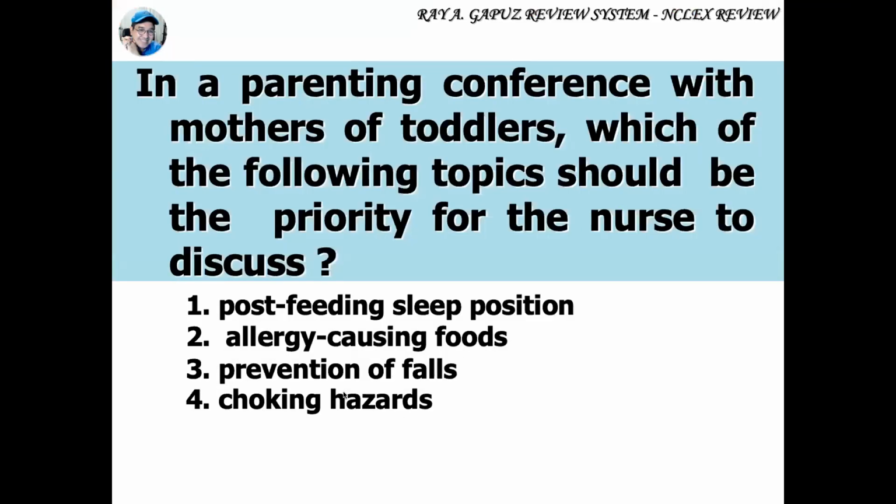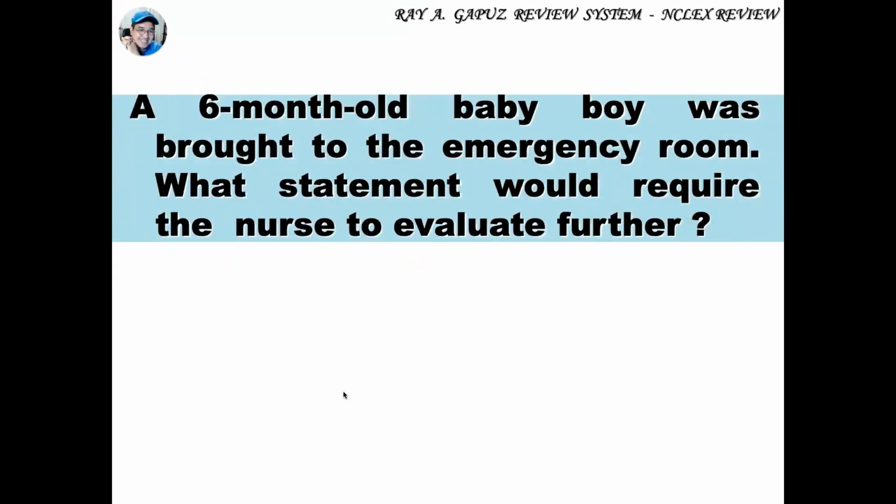In a parenting conference with mothers of toddlers, which of the following topics should be the priority for the nurse to discuss? What should be your priority? For the conference of parents with toddlers, it would be number 3, correct? Prevention of falls. Next, a 6-month-old baby boy was brought to the emergency room.